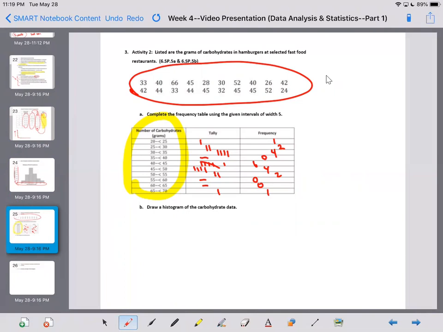So to create that histogram, we're going to draw a horizontal line and a vertical line. I am going to break the graph just a little bit and start at 20 and just do increments of 5. So 20, 25, 30, 35, 40, 45, 50, 55, 60, 65, 70.